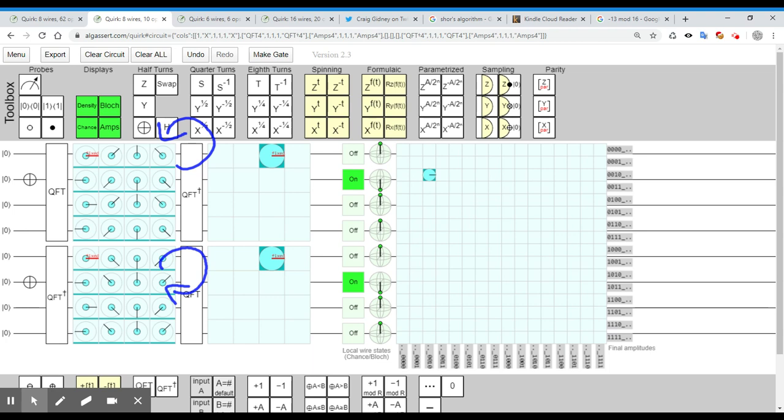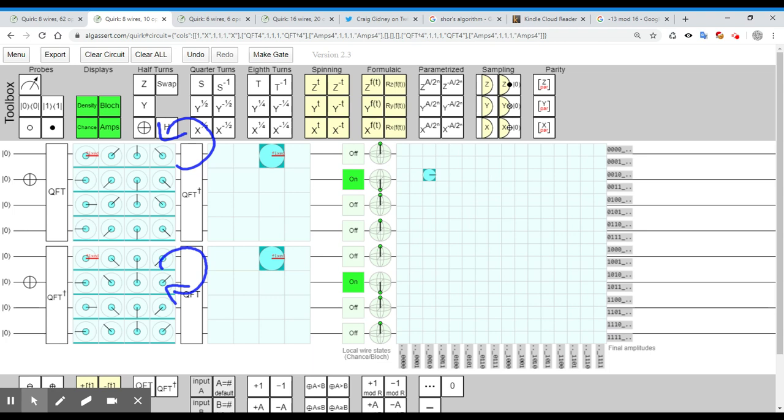Basically, I mean, it does make a difference, right?